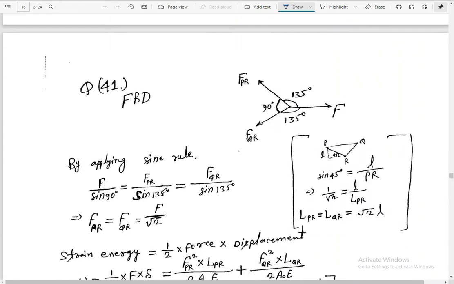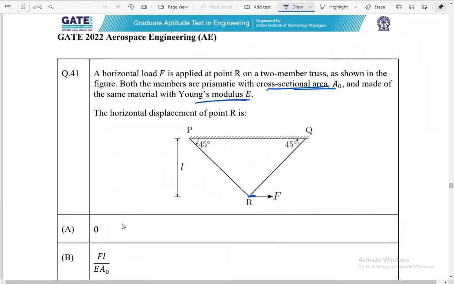Applying the free body diagram, from the sine rule we have F divided by sine 90, FPR divided by sine 135, FQR divided by sine 135. Here the option is given as PQR.